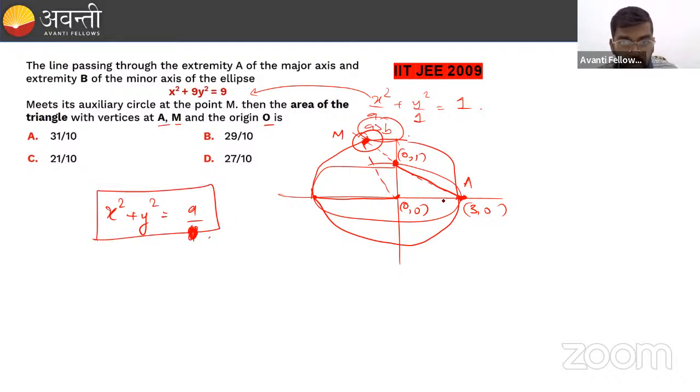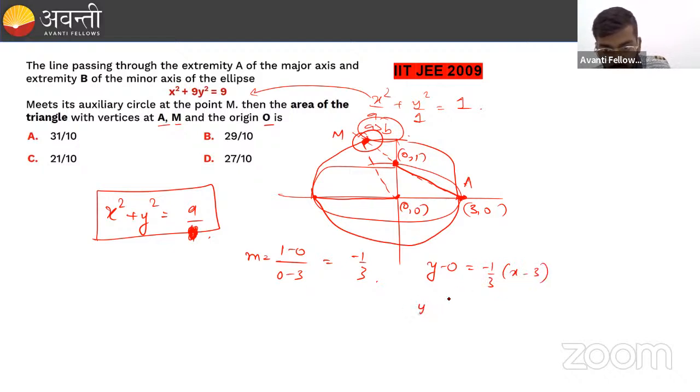So what is the equation of this line? The slope is (y2 minus y1) upon (x2 minus x1), which is (1 minus 0) upon (0 minus 3), which comes out to be minus 1 by 3. Now you can write y minus 0 equals m into (x minus 3).